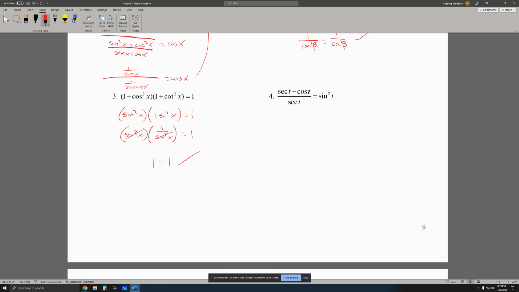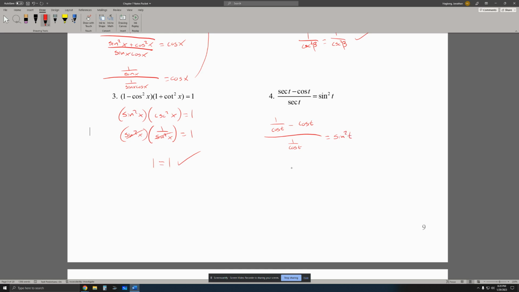Okay, number 4. We have secant t minus cosine t all over secant t, and we want this equal to sine squared of t. All right, so let's go ahead and write this in terms of sine and cosine. So we have 1 over the cosine of t minus cosine of t all over 1 over cosine of t. Okay. Oops, and the variable is t. Okay.